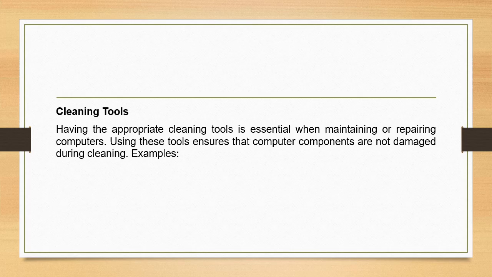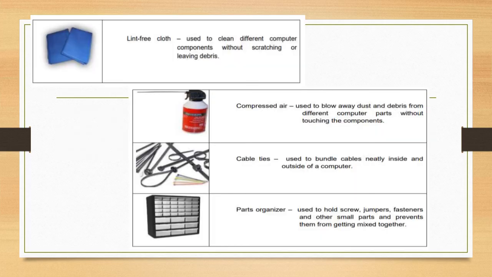And cleaning tools. Having the appropriate cleaning tools is essential when maintaining or repairing computers. Using these tools ensures the computer components are not damaged during cleaning. Examples are lint-free cloth, used to clean different computer components without scratching or leaving debris.